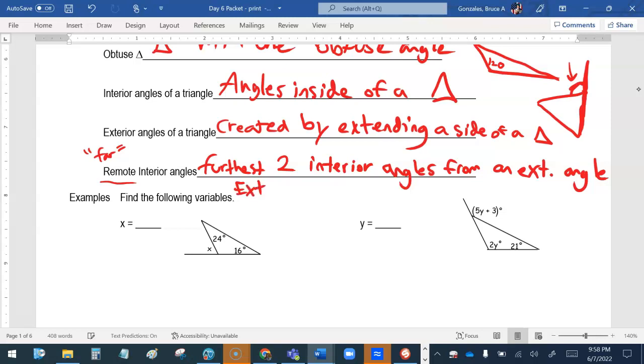The exterior angle equals the sum of the remote interior angles. The exterior angle is equal to the sum of the remote interior angles.